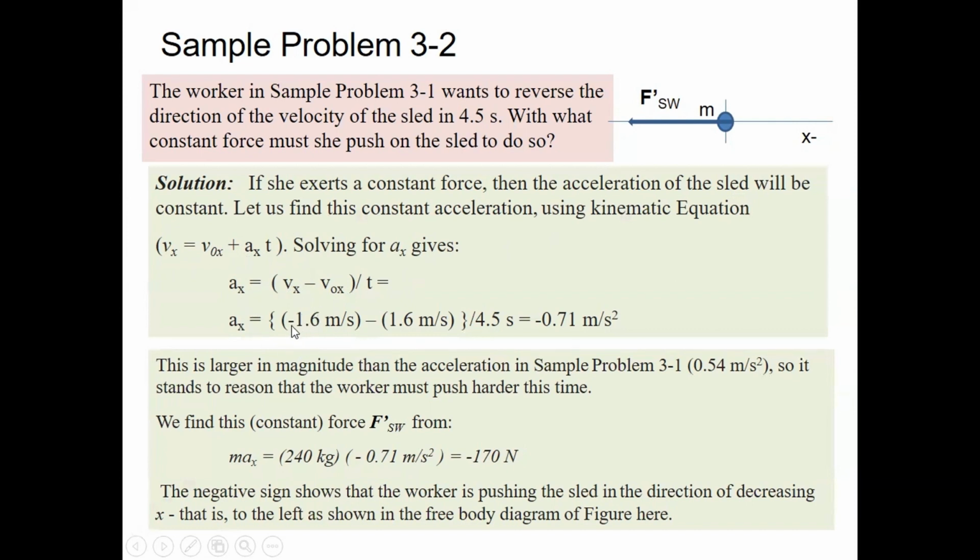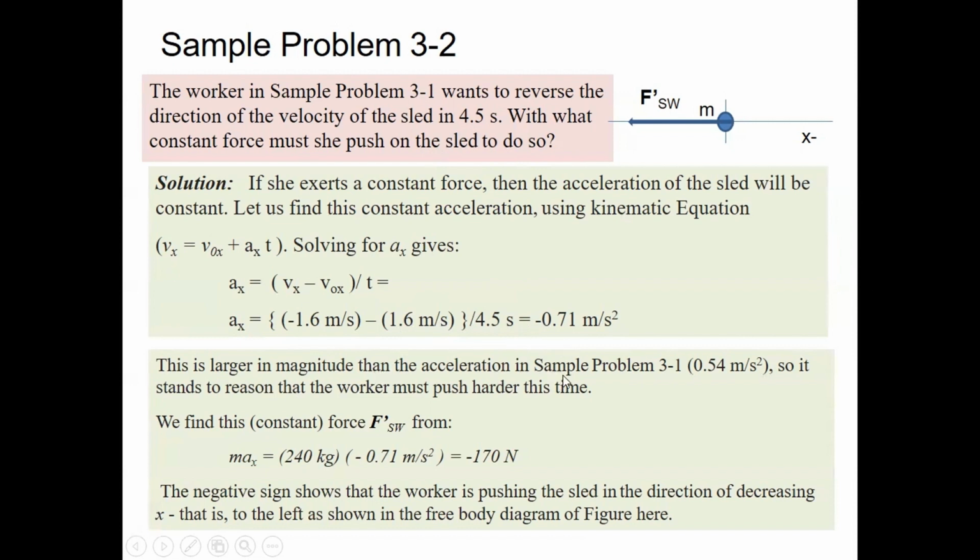The final velocity must be minus 1.6. The initial velocity was plus 1.6. Taking the difference of these two and dividing it by the 4.5 seconds given to us, the acceleration is minus 0.71 meters per second squared.